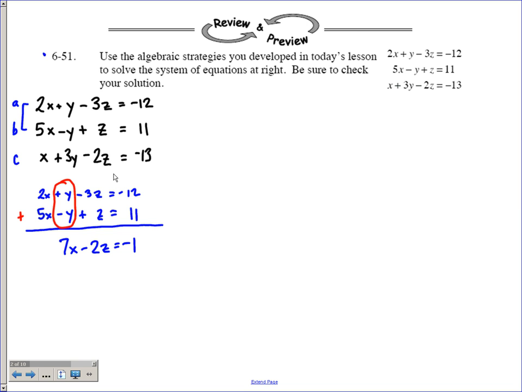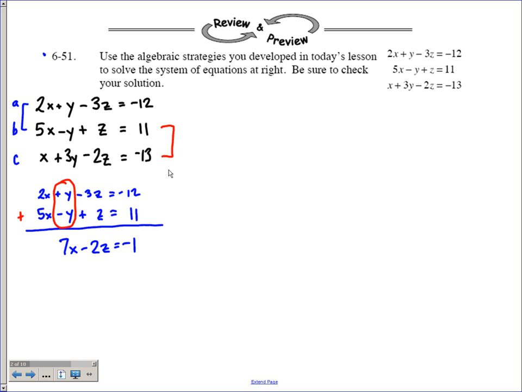The key part of this is because I eliminated y in my first pair, I'm going to have to eliminate y in my second pair. So you can use whichever equations you want to use. I like the fact that my B has a negative y and my C has a positive y. So I'm going to look at using B and C for my second pair.